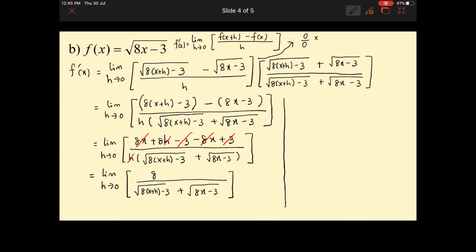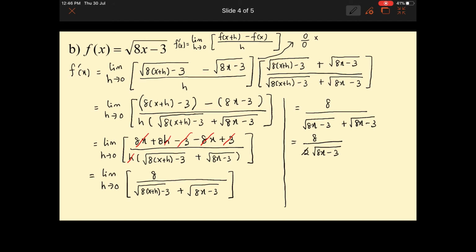Now, last step, we can directly substitute h approaches 0 into our function. So we will get 8 divided by surd of 8x minus 3 plus surd of 8x minus 3. We get the same terms here, so that one can be simplified.